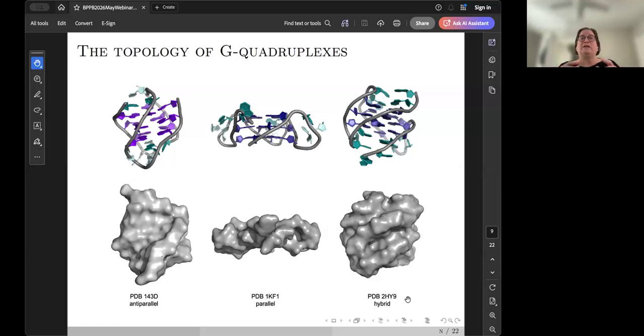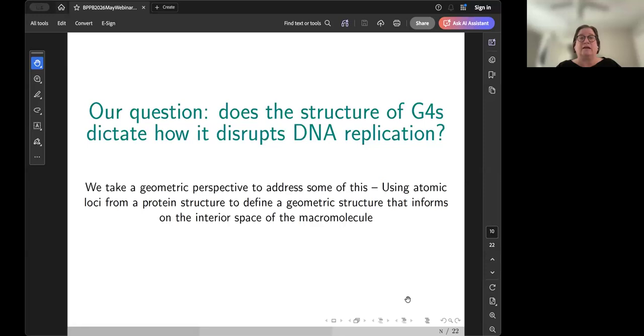We're going to be looking at how these things actually play out inside of the replisome.